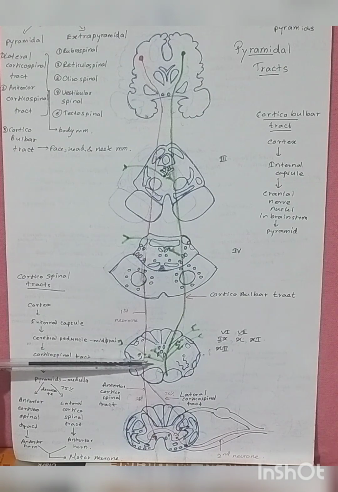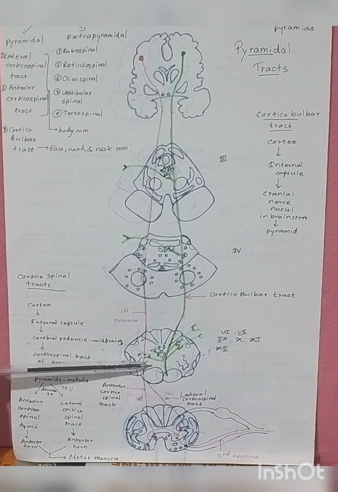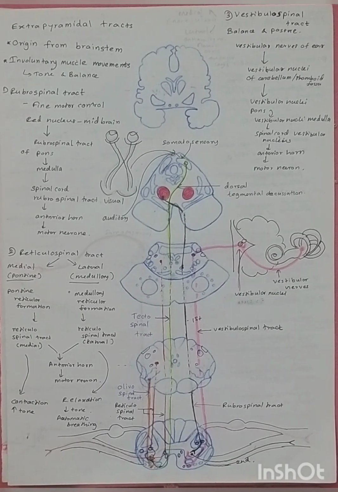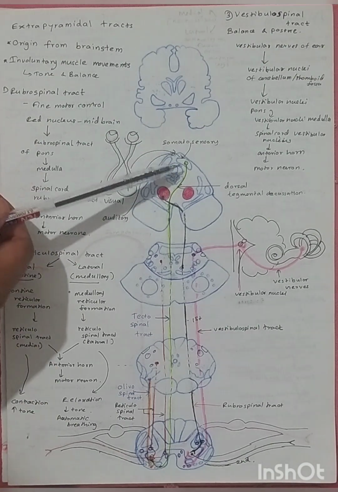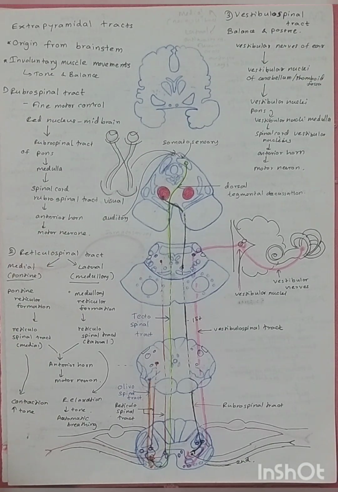So these are the pyramidal tracts of the descending nerve fiber tracts. The next extrapyramidal tract is the tectospinal tract, also called the colliculospinal tract. So the tectospinal tract starts from the superior colliculus in the midbrain.